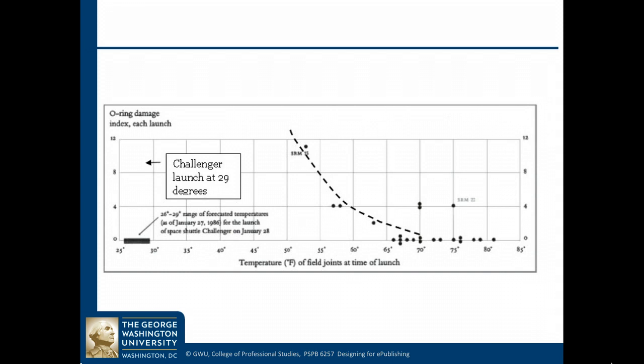O-ring failure. Now, they launched at 26 degrees, between 26 and 29 degrees. That was the coldest that they've ever launched. Had they shown a graph like this, I think the results would have been very different. I don't think we would have launched.